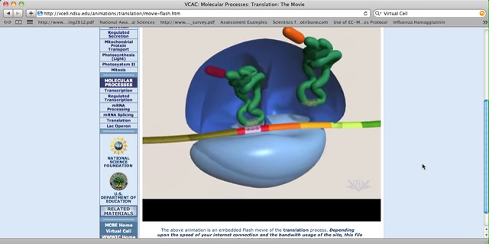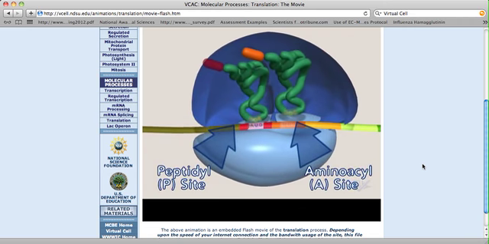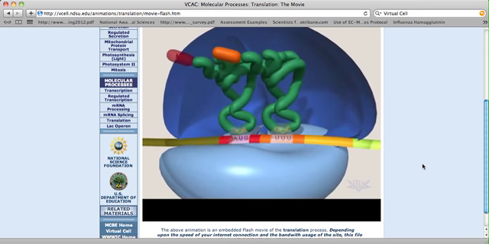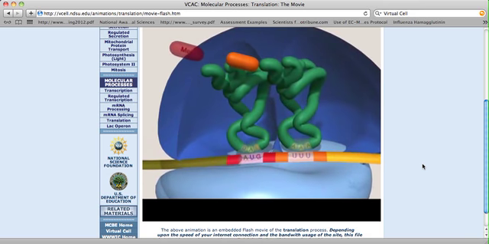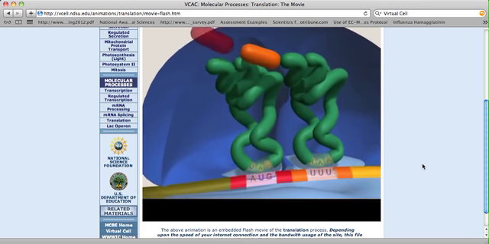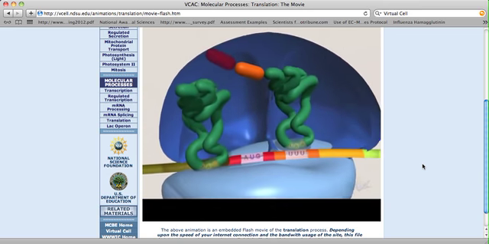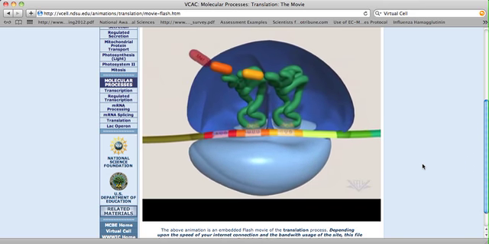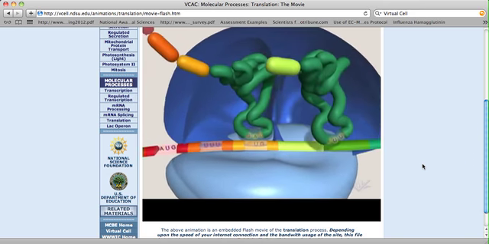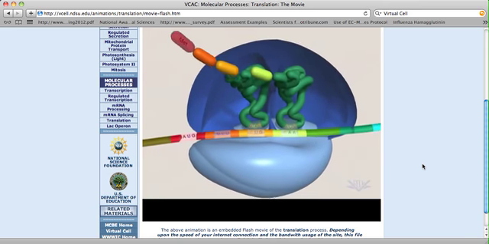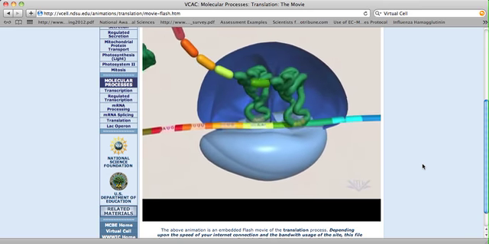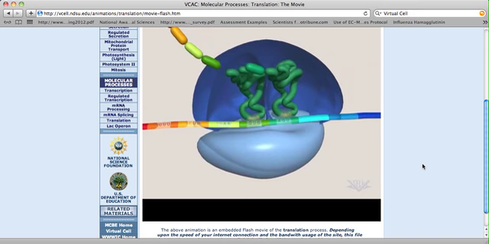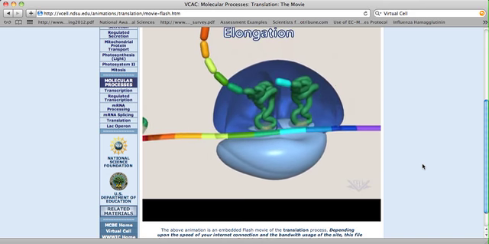The first tRNA occupies the P site. The second tRNA enters the A site and is complementary to the second mRNA codon. The methionine is then transferred to the A site amino acid. The first tRNA exits, the ribosome moves along the mRNA, and the next tRNA enters. These are the basic steps of elongation.